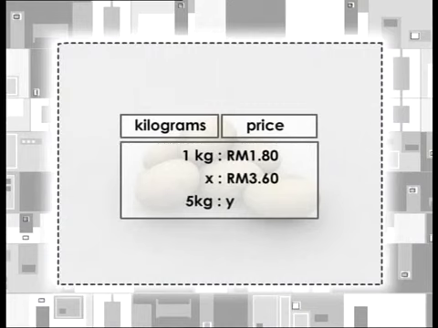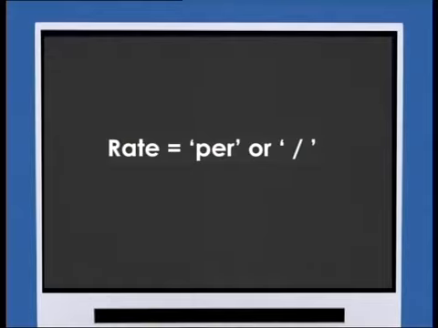The price of the sweet potatoes changes if the quantity of the sweet potatoes changes. Rate describes how a quantity changes with respect to another quantity. We normally use the word per or the symbol oblique to denote rate.